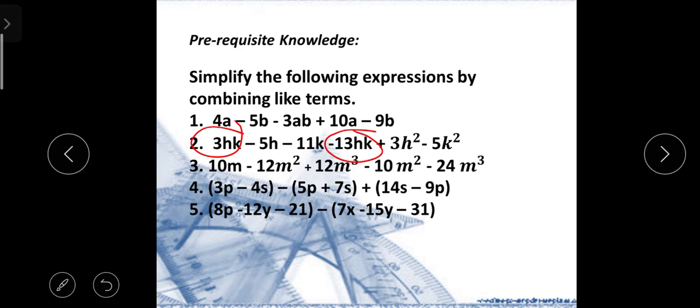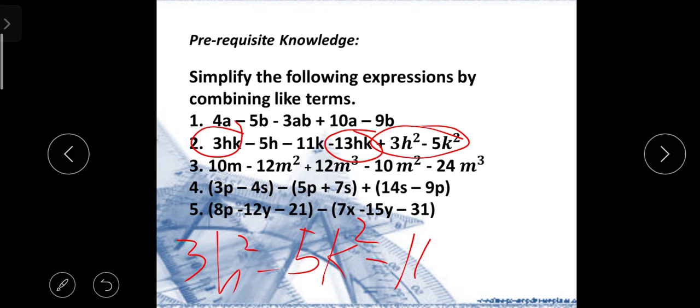Okay? So, pag magagawa kayo ng expression, inuuna po natin isulat yung may pinakamataas na exponent. So, pareho naman silang squared. Una natin isusulat. Wala naman pong kapareho, 'di ba? Yung 3h squared at 5k squared. So, 3h squared minus 5k squared. Next, negative 13hk plus 3hk.